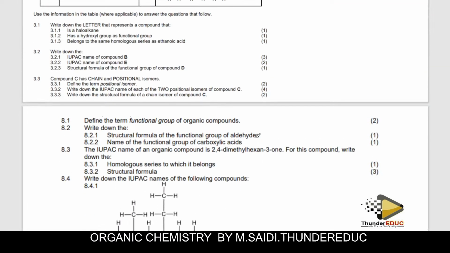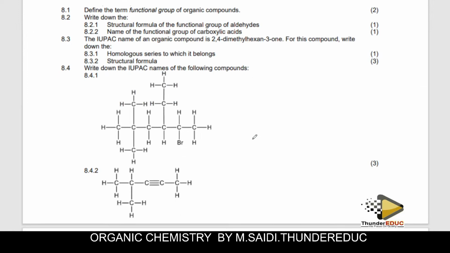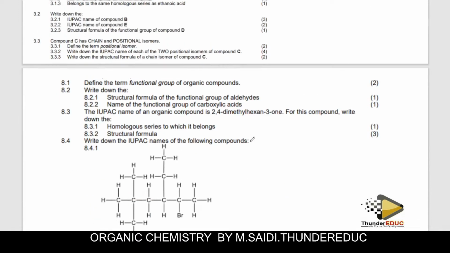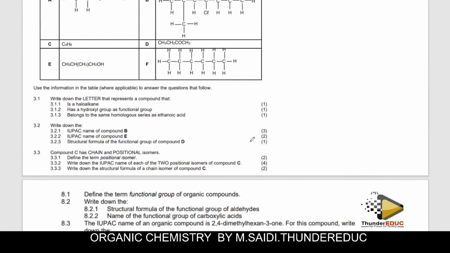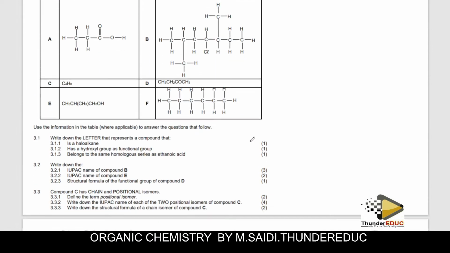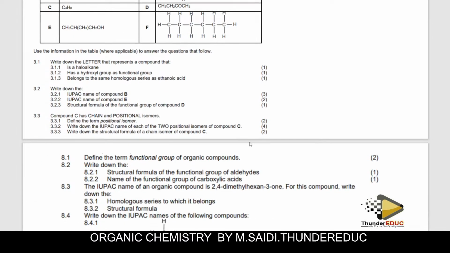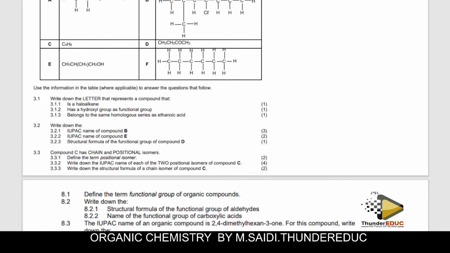Then we have another question which is dealing with reactions. I know that when it comes to reactions, people are always having problems.